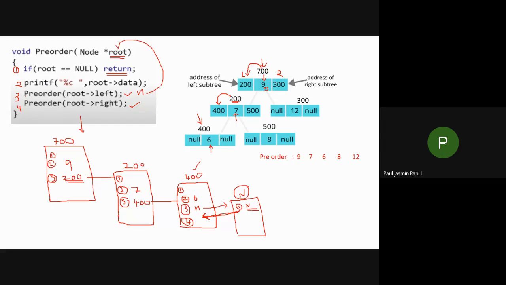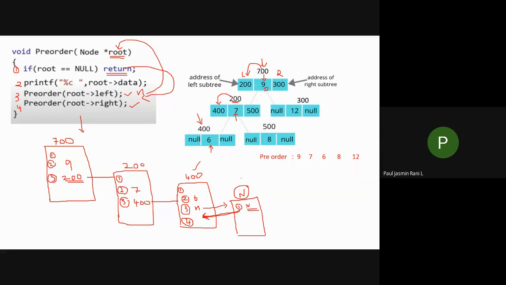After that, if root is equal to null, I am returning back to the previous one. When I return back to the previous one, what will be my root value, whether it is null or 400? That is my question. When it is null, I'm calling the pre-order function, and I'm executing the new function over here.